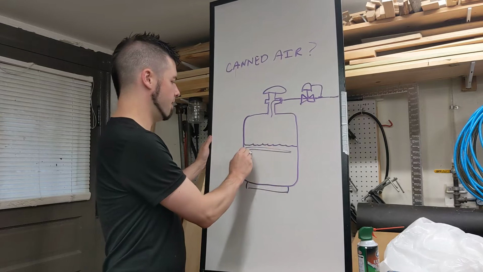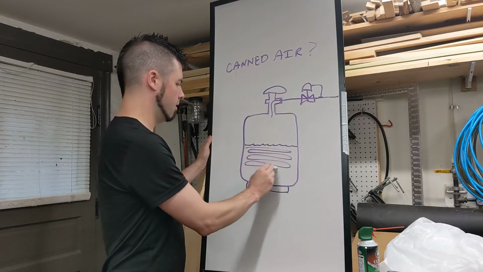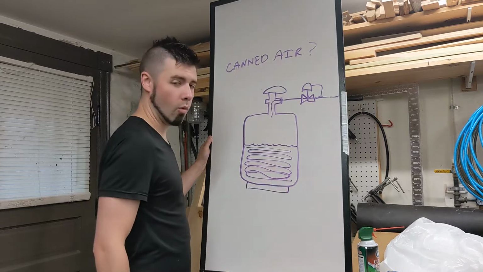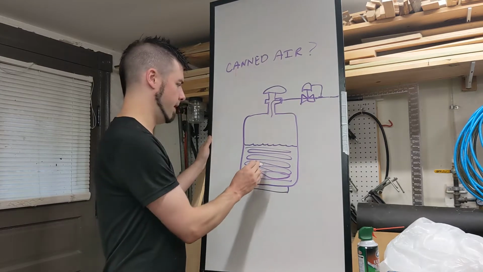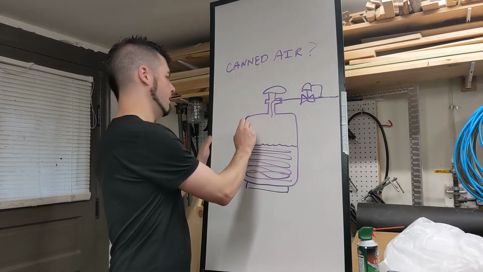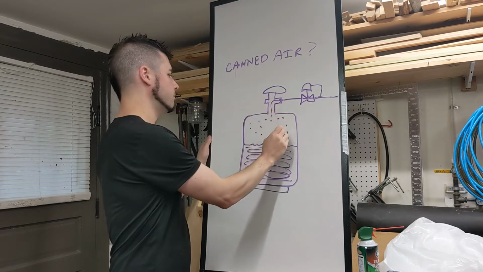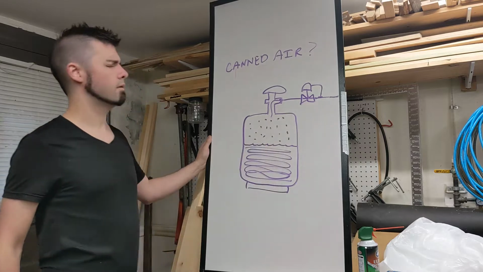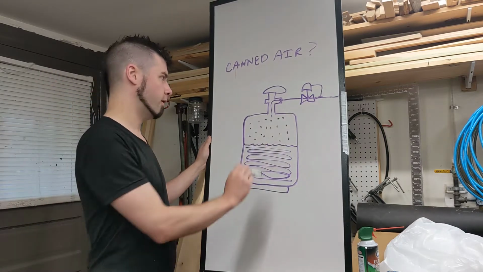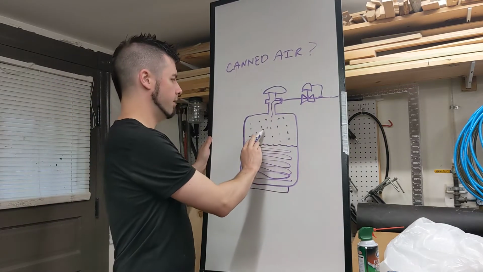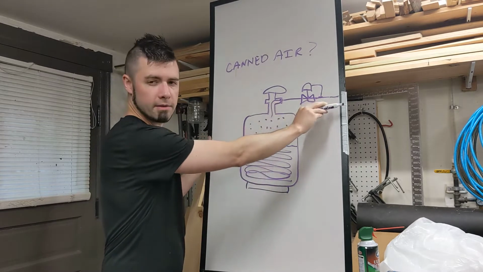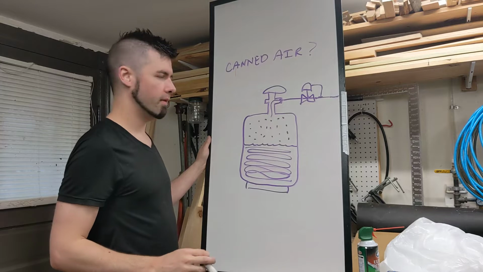So down here, it's all liquid. It's like water. It's liquid propane. Up here, it's all gas. So when you start cooking on your grill, this gas starts to move out and go out to the burners, and the burners then consume the gas.